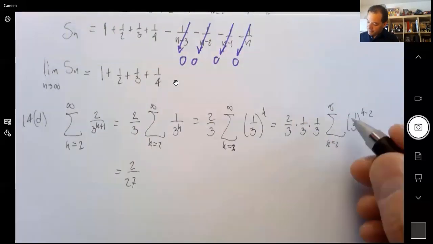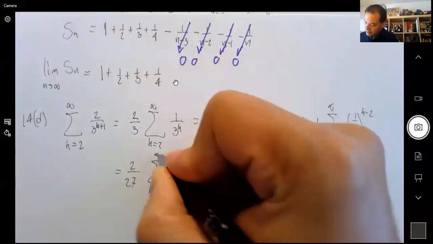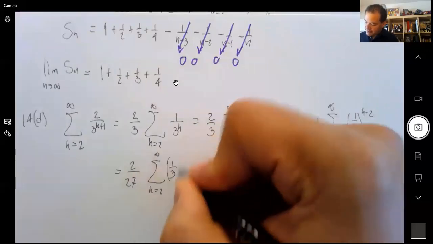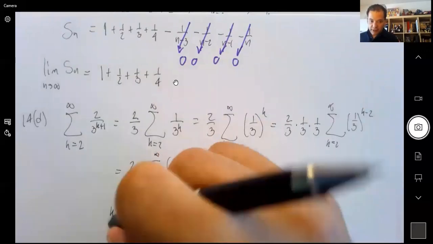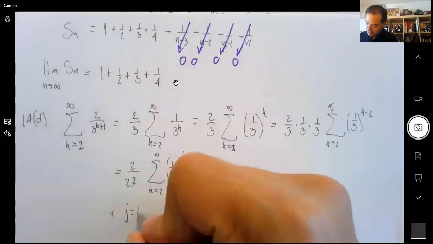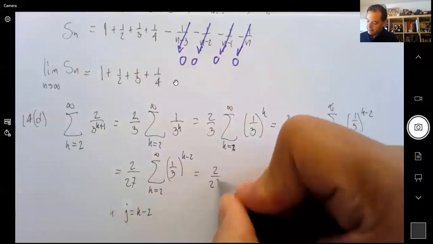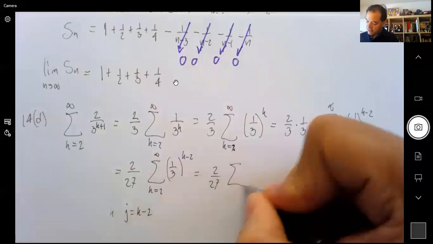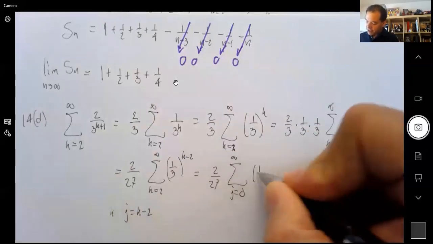And this, if we do a j substitution, we can make it look now so that it starts at 0. So we make j to be k minus 2. And if you do that, now if I write it with j, now j starts at 0. And now it's 1/3 to the j.